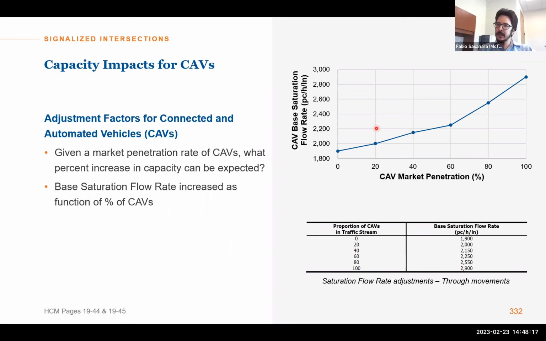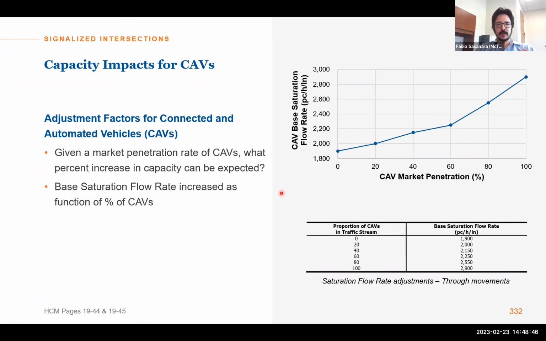And depending on the degree of the market penetration rate, my base saturation flow rate can go all the way up to 2,900 passenger cars per hour per lane. So that's what research is suggesting to us. Let's wait a few years or decades to see if that's accurate, okay? But if you need an estimate, at least the HCM has something to provide us right now.